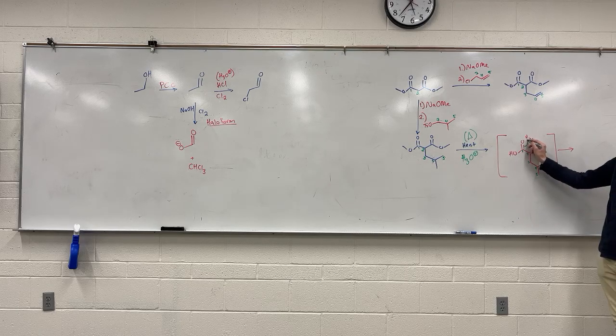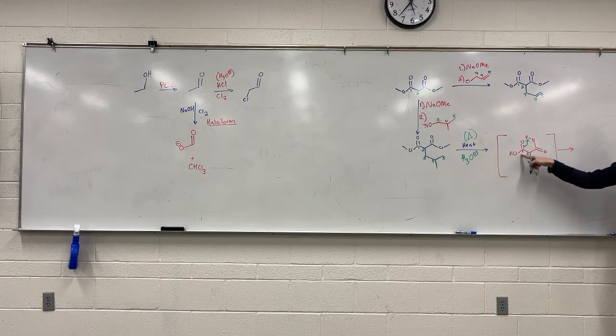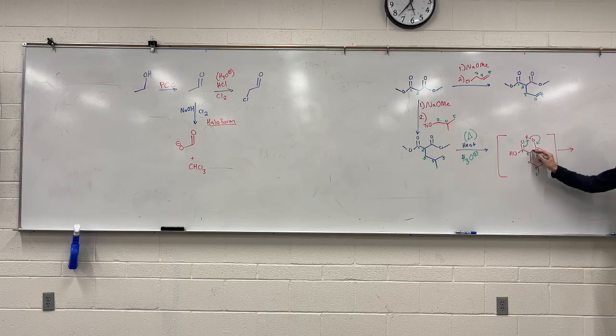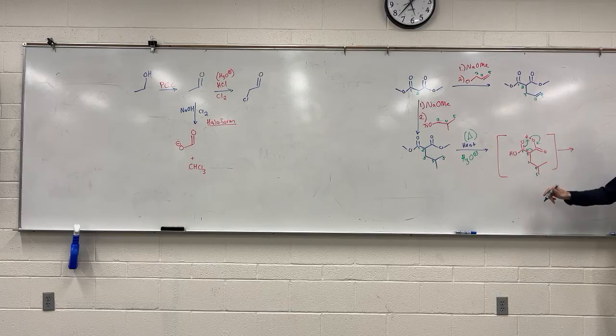This beta carbonyl takes the acid's proton. The OH bond forms a CO double bond. And then the carbonyl to alpha carbon bond shifts over to support the carbonyl carbon that's losing electrons.